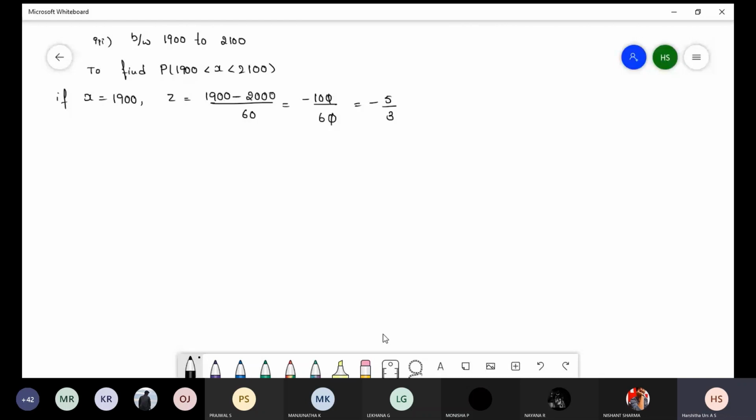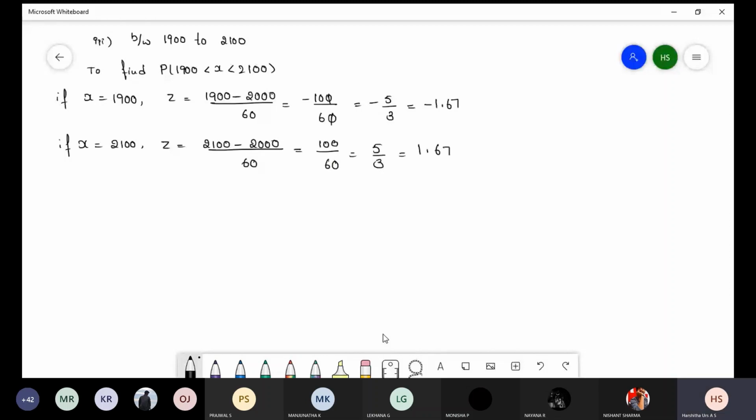If x is equal to 2100, z is equal to 2100 minus 2000 divided by 60, so 100 by 60, 5 by 3, so we get 1.67.